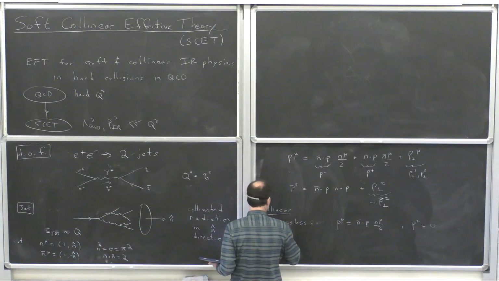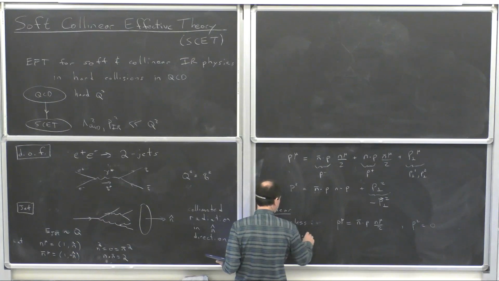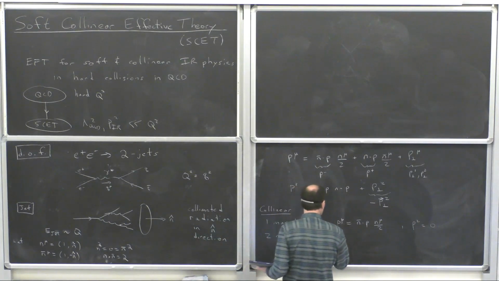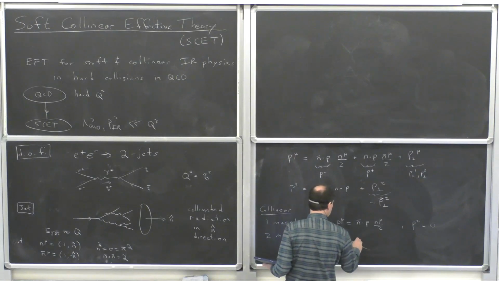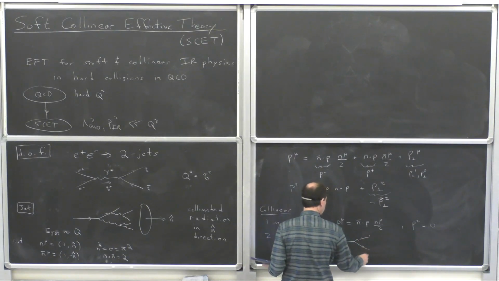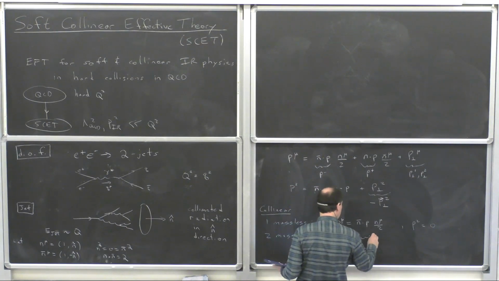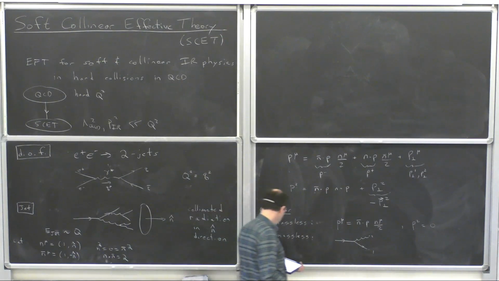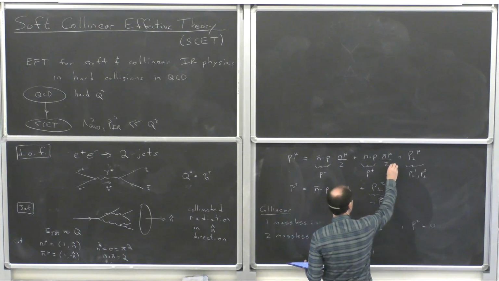All right, well, the real power comes when you consider more than one. So let's consider 2. So in 2, we have, say, a quark splitting to a quark and a gluon. I'll just call them 1 and 2. And we can decompose the momenta of 1 and 2 in this basis.